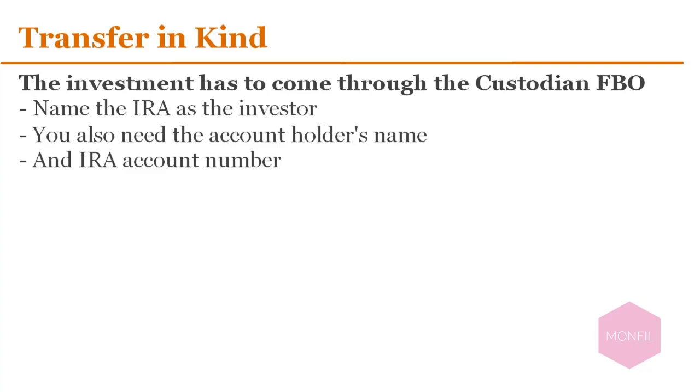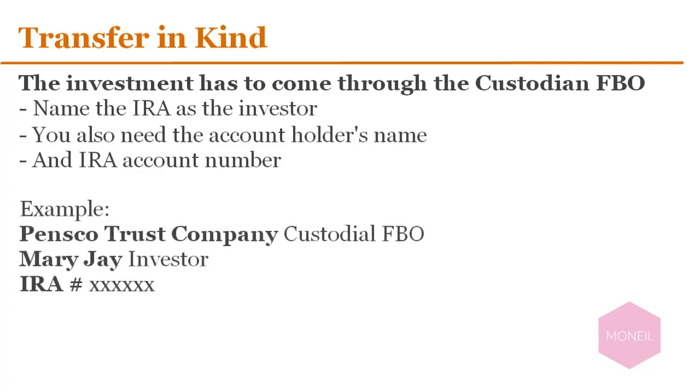For example, Pensco Trust Company, Custodian FBO, Mary J, investor, IRA account number so and so. So that's the real language that they'll be participating with in the entity that you are asking the investors to invest their money in from their self-directed IRAs or other plans.